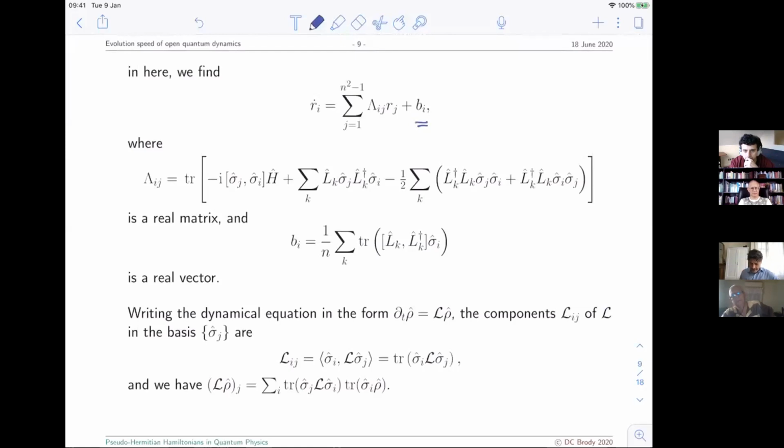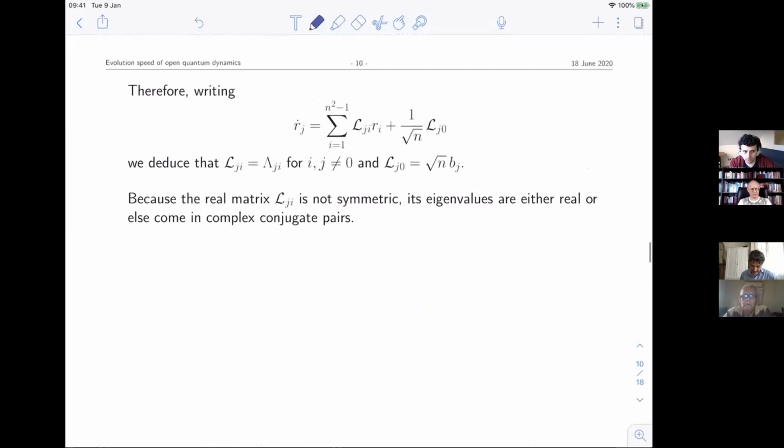And with that representation at hand, now the dynamical equation, we can look at the Liouville operator, and we can write down explicitly the matrix elements of the Liouville operator, the so-called superoperator, and it's given as follows, where we can work it out, and here's the result.